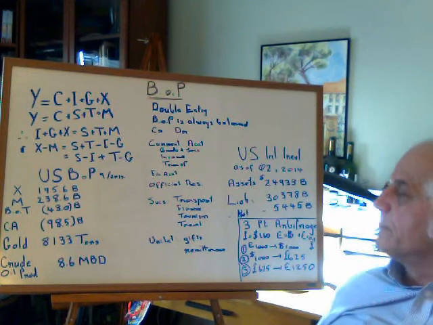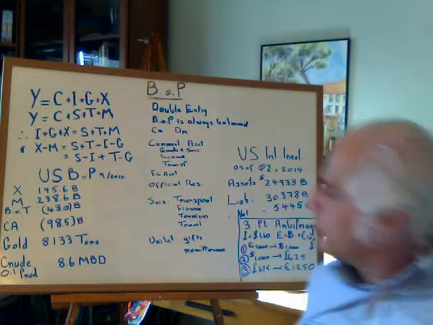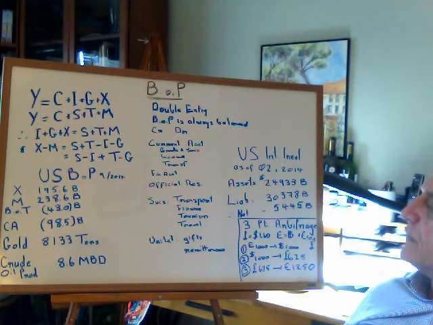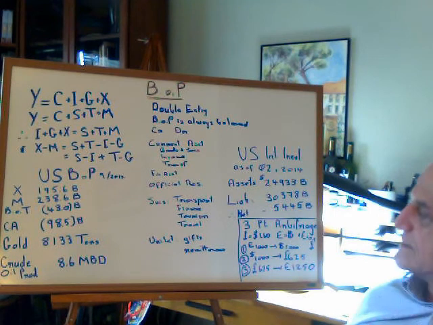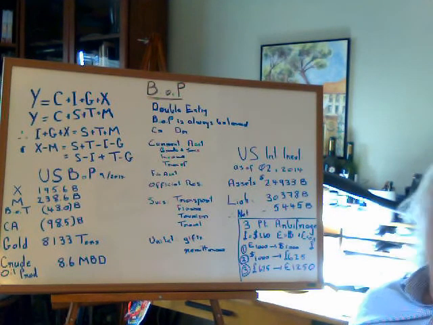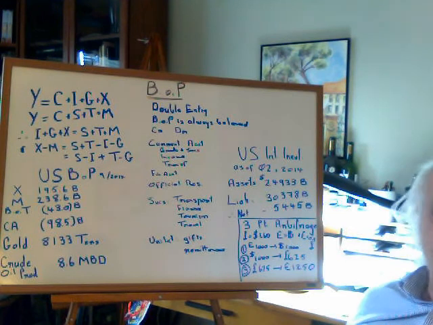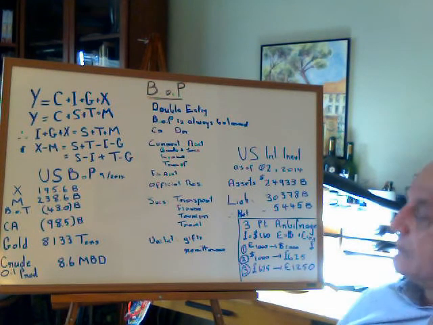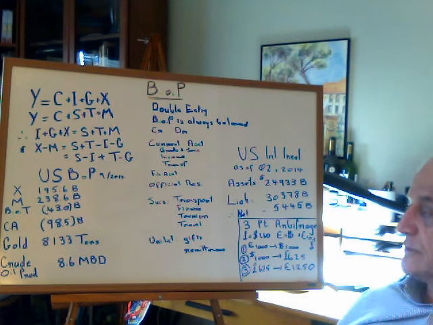So during September, the exports of the United States amounted to 195.6, the imports 238.6 billion. So really the deficit on our balance of trade was $43 billion.